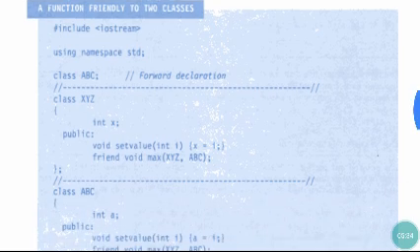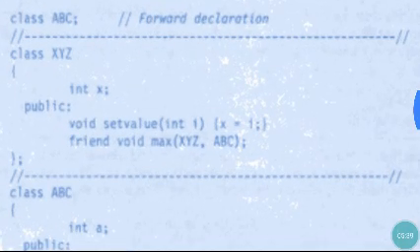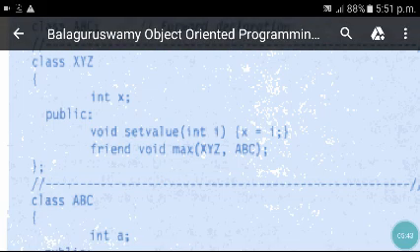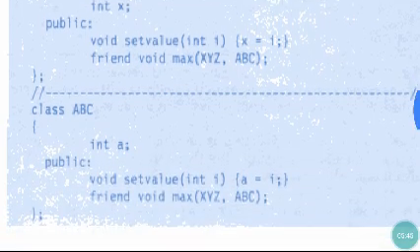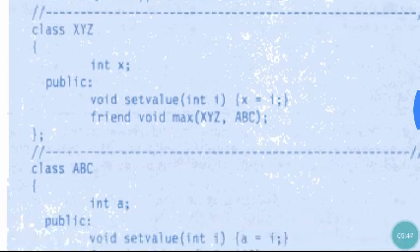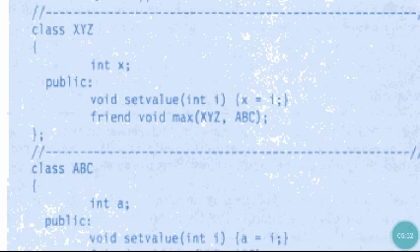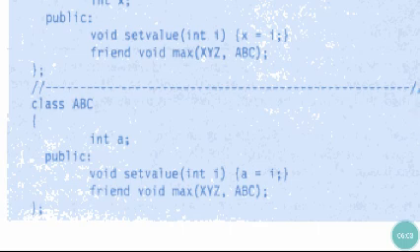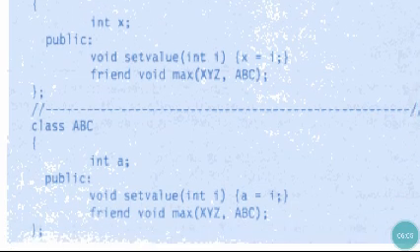XYZ contains a member X and ABC contains a member A. Suppose you want to find the maximum of X and A. X belongs to class XYZ and A belongs to class ABC.